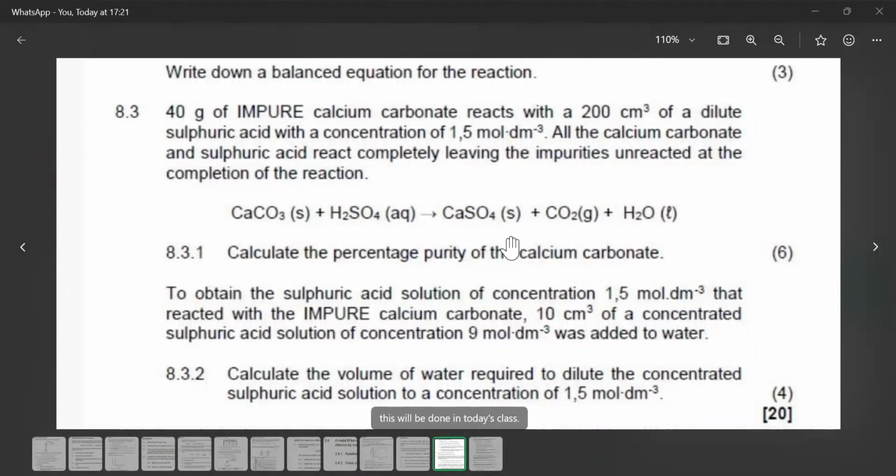Now they say calculate the volume of water that is required to dilute the concentrated sulfuric acid solution to a concentration of 1.5 mole per cubic decimeter. So how much water was added in order to take the concentration from 9 to only 1.5?